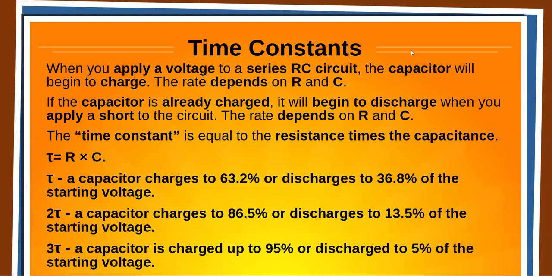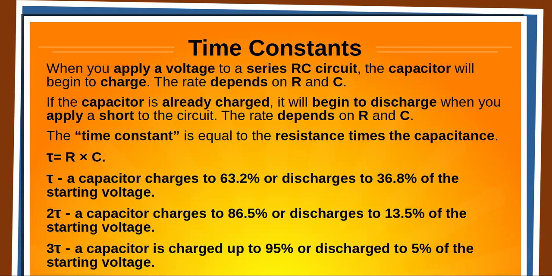Okay, time constants. If you have RC circuits, a series RC where you're charging a capacitor through a resistor, it takes time to charge it up. And we measure that in time constants.